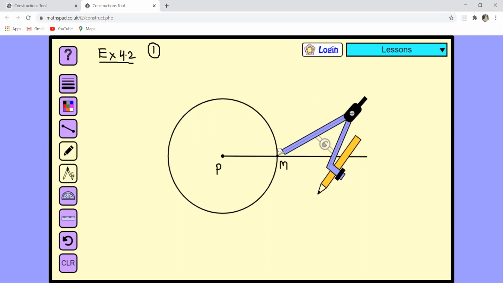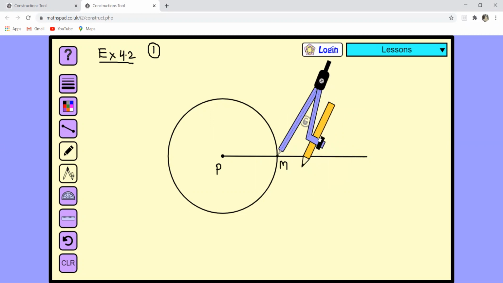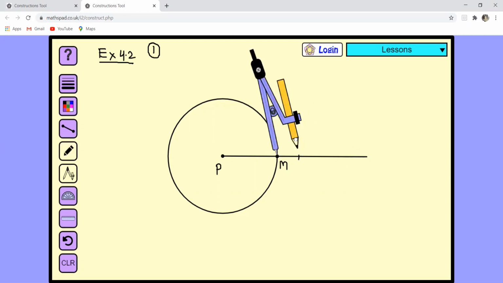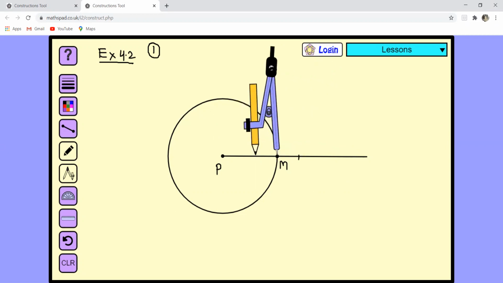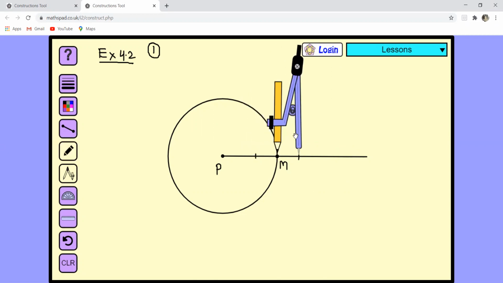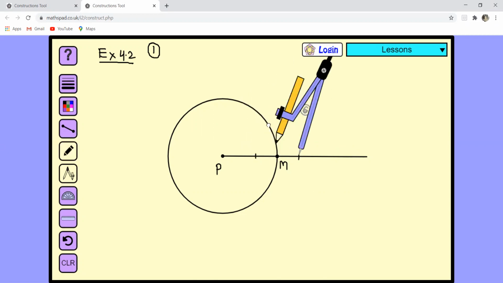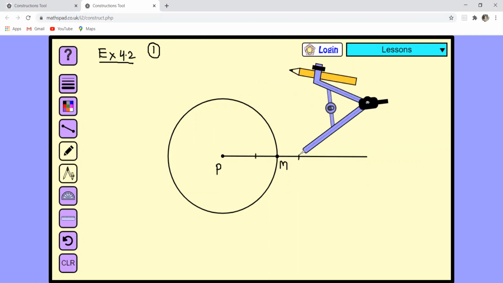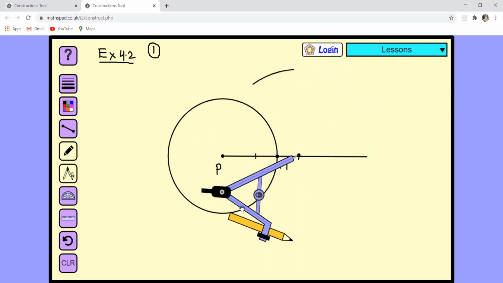Take the rounder, keep the steel point on point M, take any small distance on the rounder, and draw two arcs like this on each side of the point M. Now place the rounder on the first arc, extend the distance, and draw an arc upwards and downwards like this.